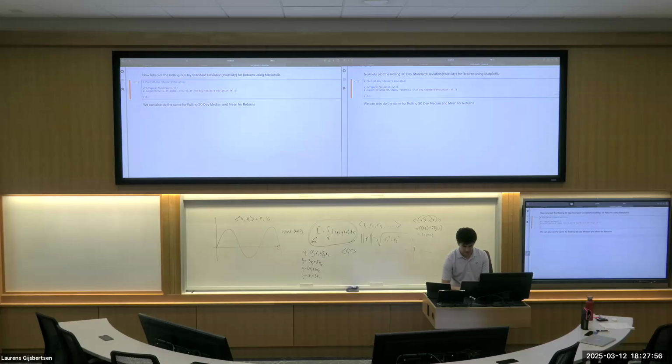And then plt.title, Apple return 30-day standard deviation. And then we can do plt.xlabel, saying our date, plt.ylabel, saying our standard deviation.